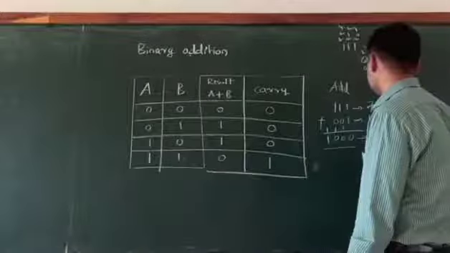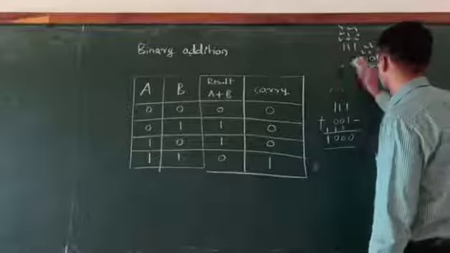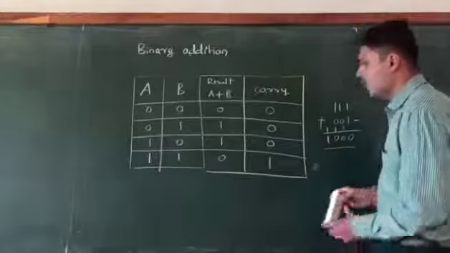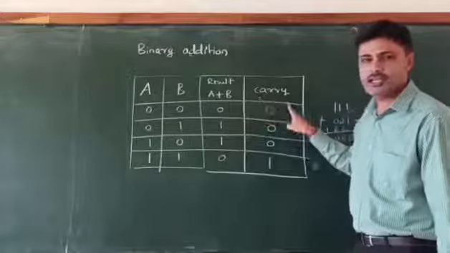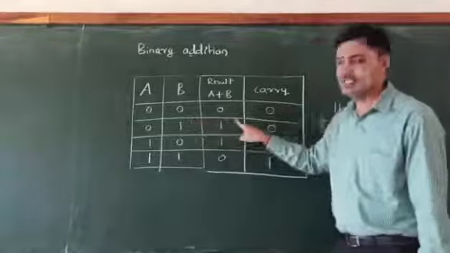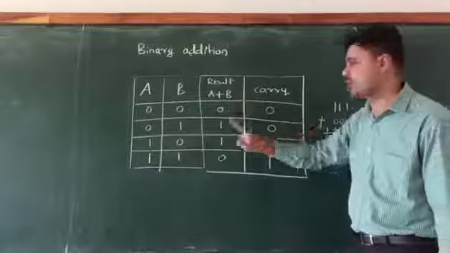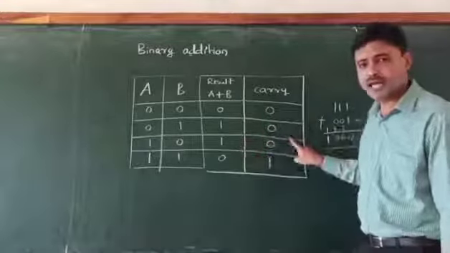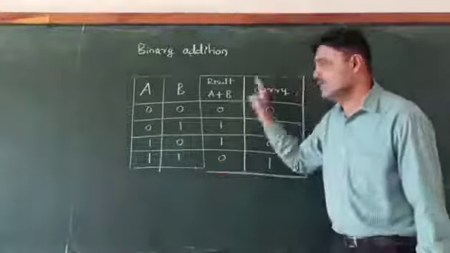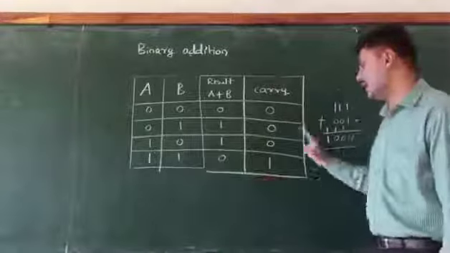Remember, when we are adding, 0 plus 0 result is 0, carry is 0. 0 plus 1 result is 1, carry is 0. 1 plus 0 result is 1, carry is 0. 1 plus 1 result will be 0 and carry will be 1.